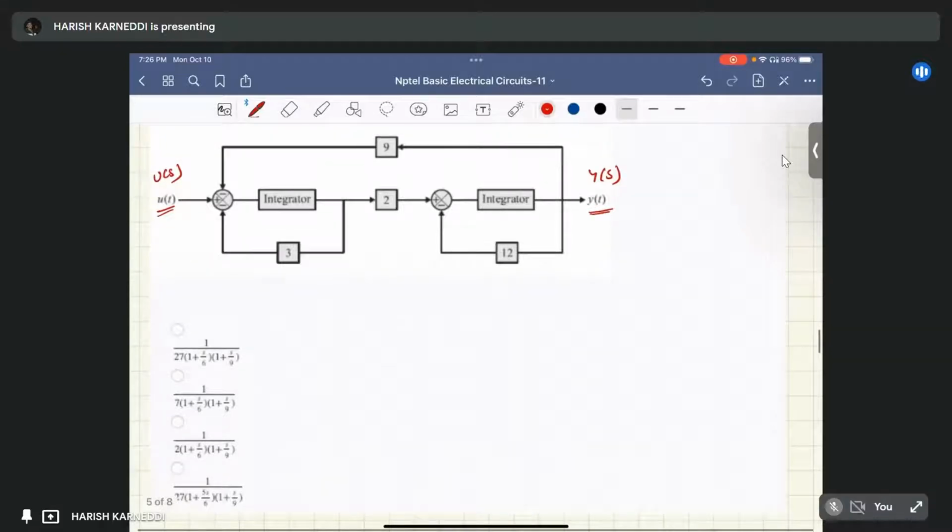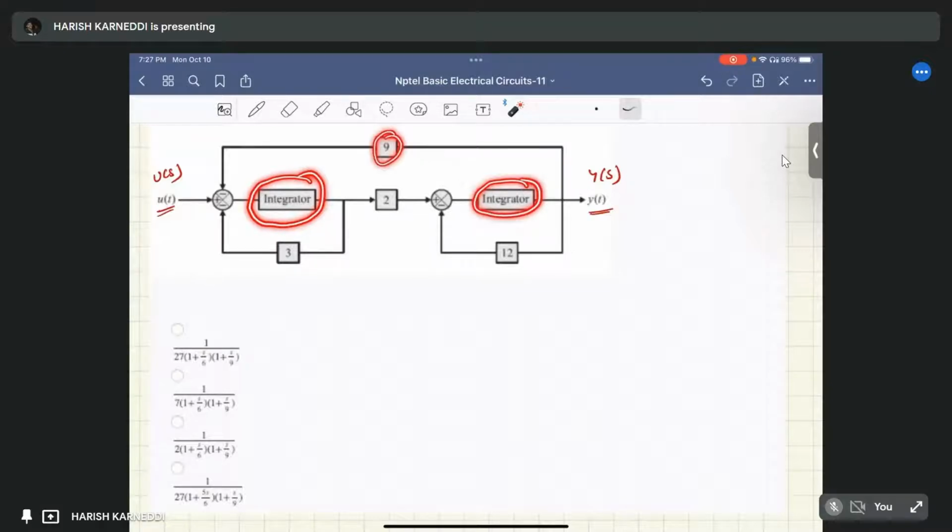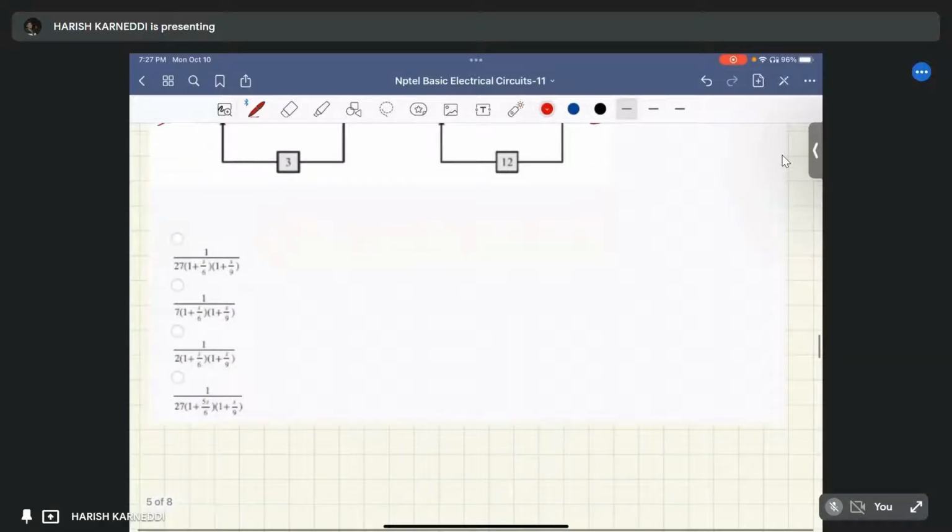In other words, we can convert each block into the S domain. Integrator means, what is the equivalent in the S domain?